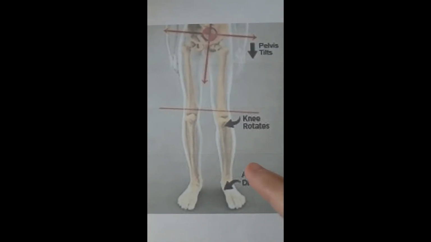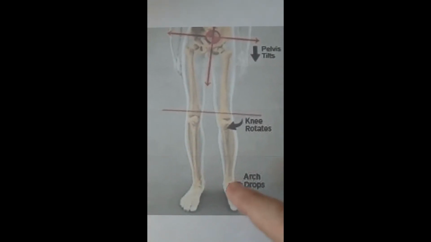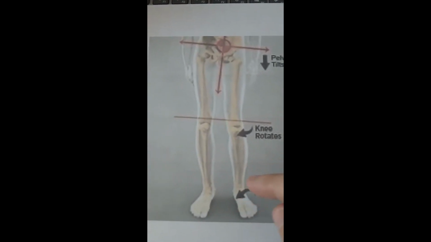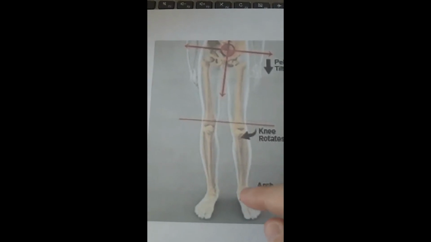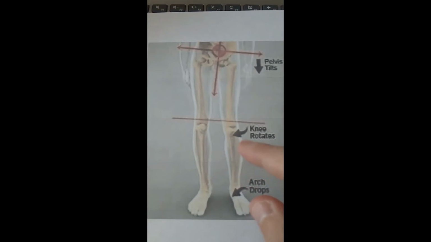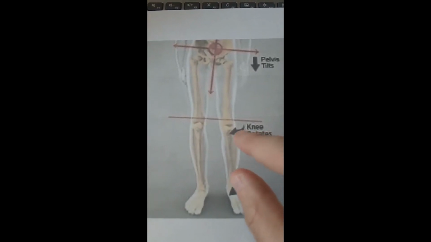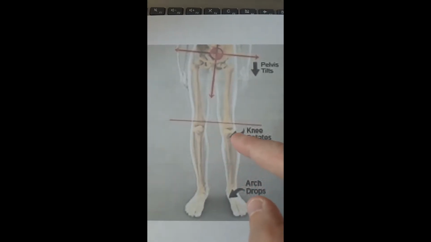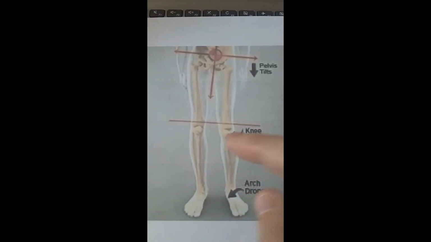Okay, so on this diagram we can see, obviously, with flat feet, you've got the overpronation, ankles turned inwards, and this causes an inward rotation with the knee turning inwards.